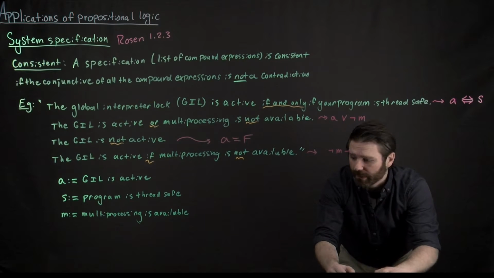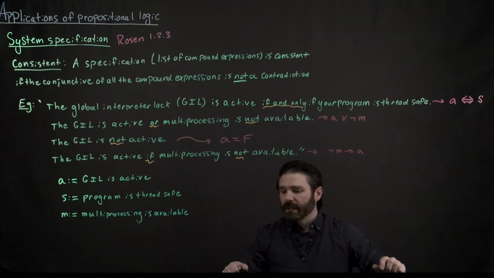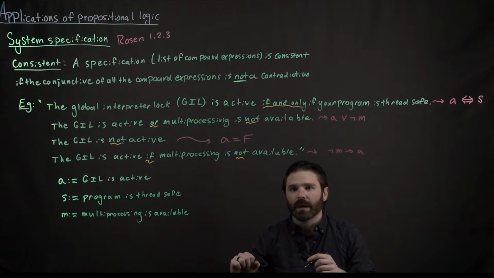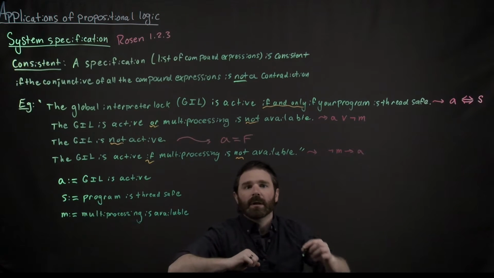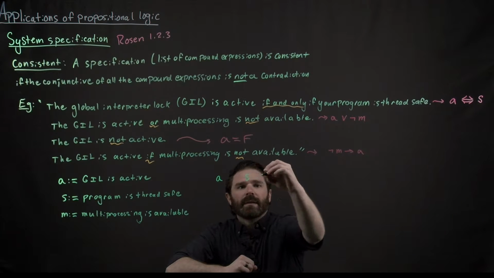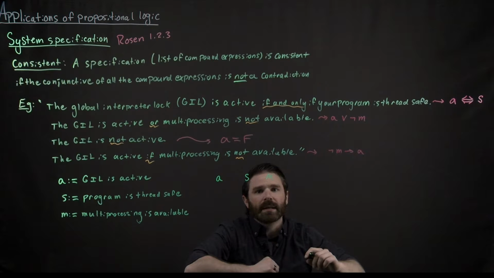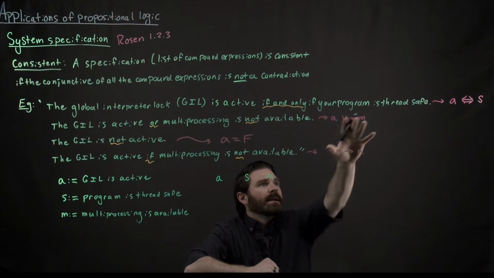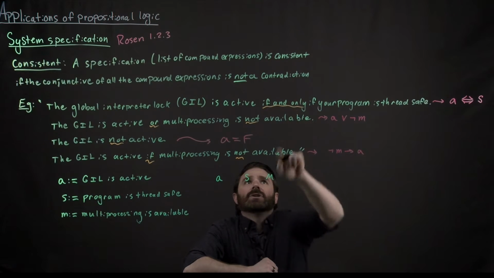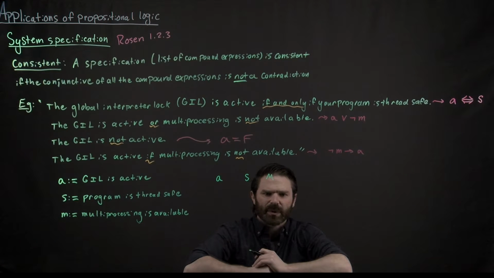So here, if I were to do that, I'm going to have a bunch of different variables. In particular, I have A, S, and M. And then I have this nice big conjunction. And so I'm going to do a bit of scratch work in the middle again.